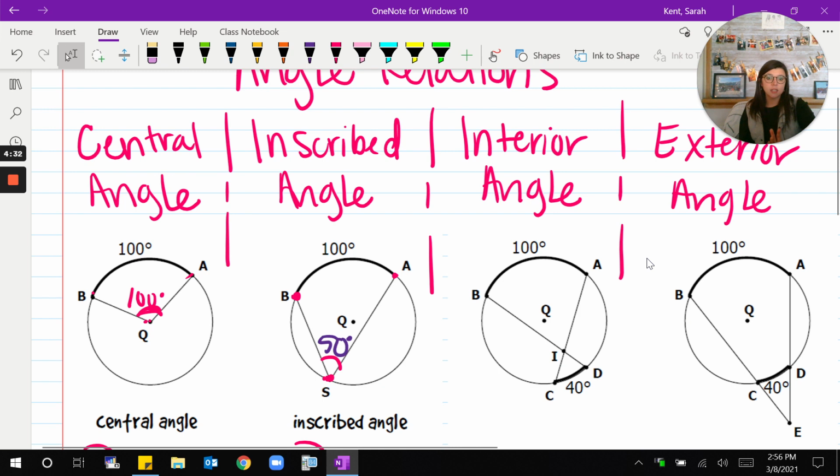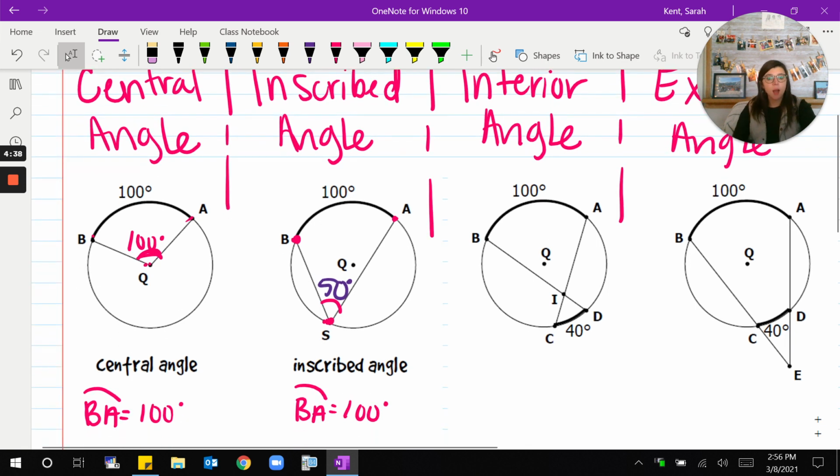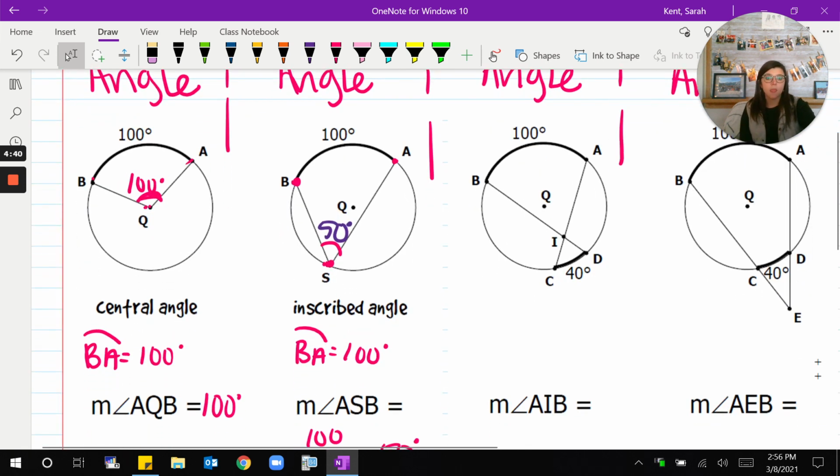Next, we're going to look at an interior angle. Interior means the angle is inside the circle. If we look, we've got a couple things going on here. We can see we have the arc BA. Arc BA is 100.